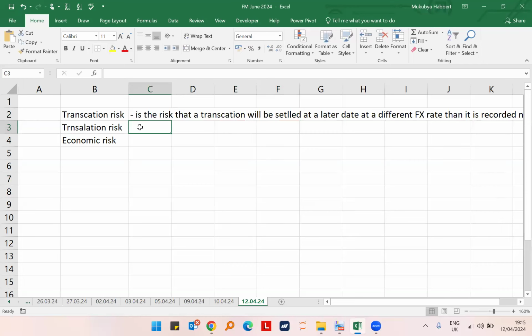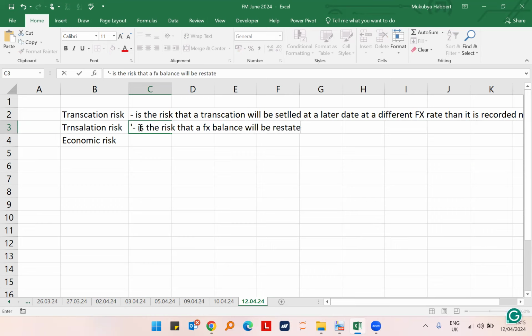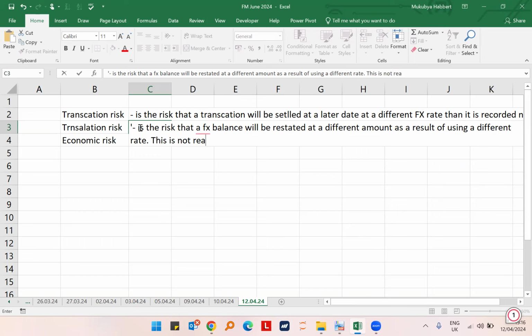That is transaction risk. And translation risk is the risk that a forex balance will be restated at a different amount as a result of using a different rate. Then you can say that this is not really a risk for the finance manager.